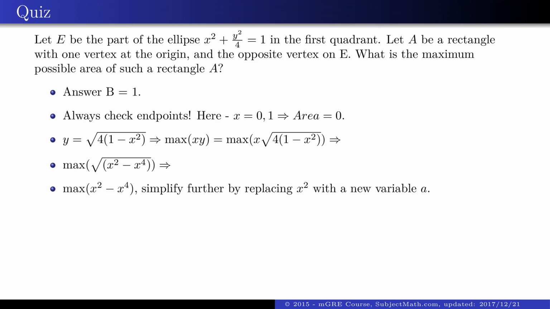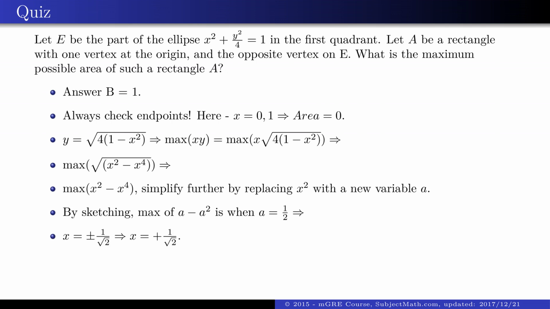However, since the square root is a monotonic increasing and continuous function, it is sufficient to maximize this and avoid complicated derivatives. This parabola is easily sketched, and the maximal value is when a is 1 over 2, meaning x is 1 over square root of 2, which gives us the final answer.